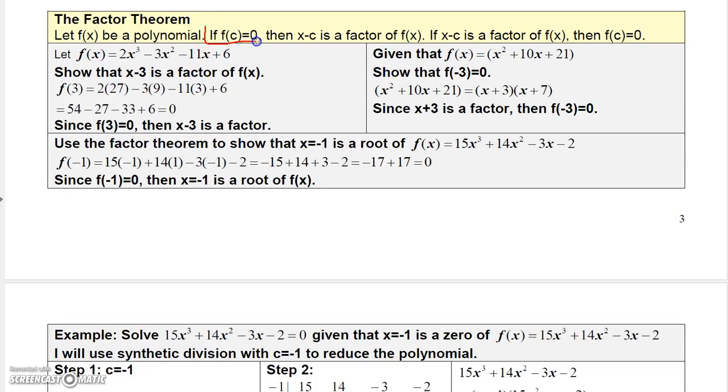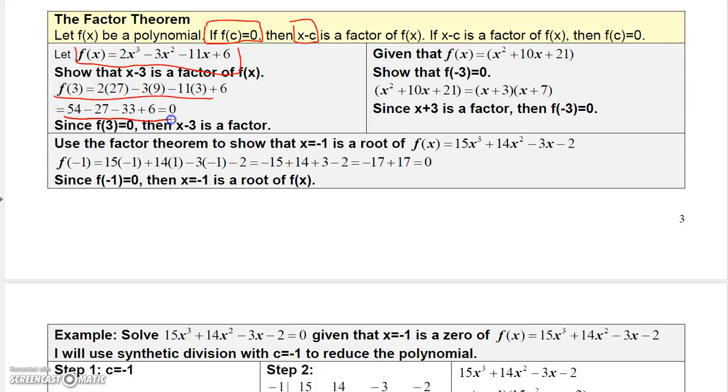The factor theorem just says if f of c is equal to 0, then x minus c is a factor. So basically, it goes both ways as well. If x minus c is a factor of f of x, then f of c is 0. So if you take this polynomial, and if you evaluate this polynomial at 3, you're going to get 0.